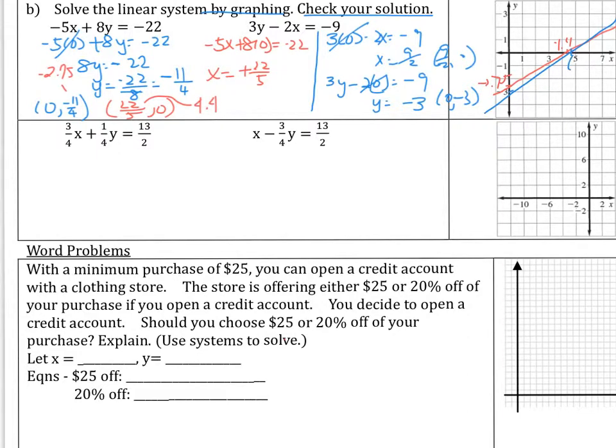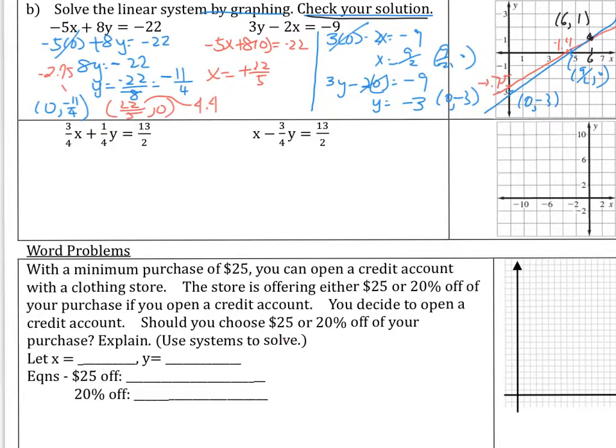So this will be (9 over 2, 0), and this will be (0, negative 3). Okay, so as you can see, the point of intersection is at (6, 1), but you must be wondering, well, is that true? So then you need to check your solution.